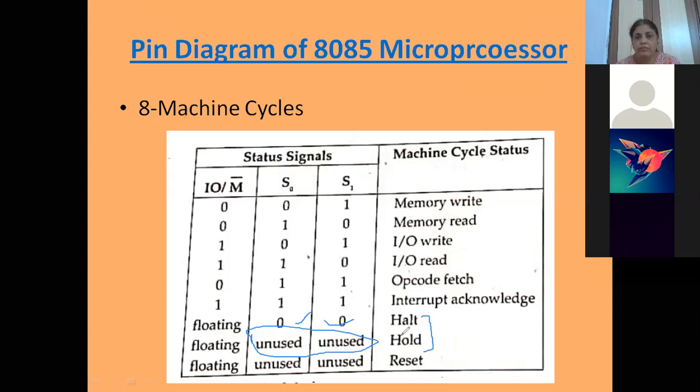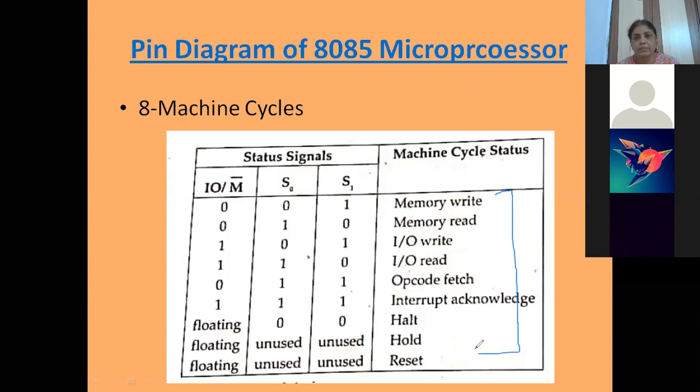Yes. So if the signal is generated by DMA, then there will be no effect on this, whether it is 0 or 1. अगर ये 0 भी है, halt में भी ये प्रोसेसर था और अगर उसके बाद hold signal आता है, तो it will not matter whether it is 0 or 1. This will be considered as don't care condition. You need not bother about the status signal. Right? Okay, ma'am. So these are 8 machine cycles.